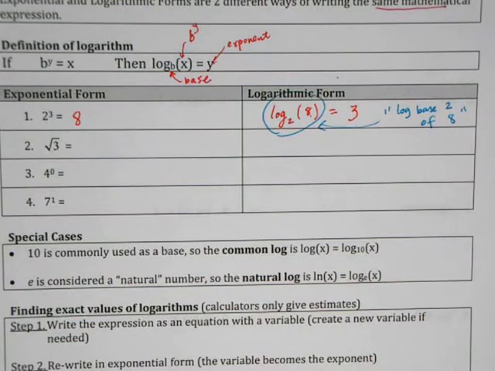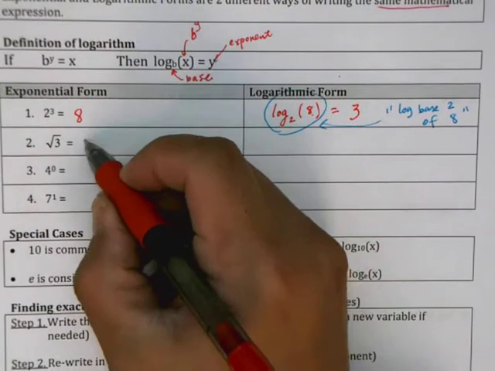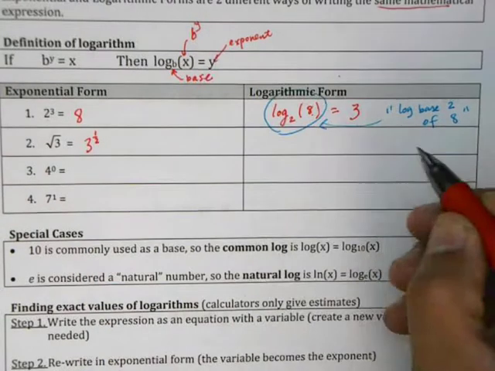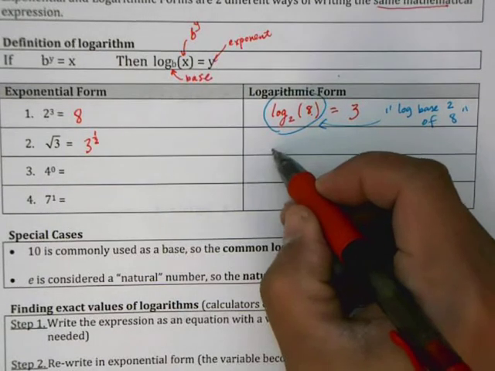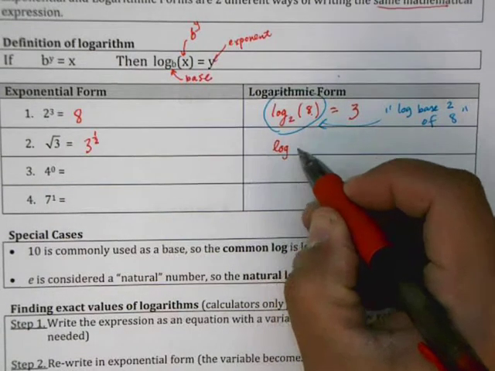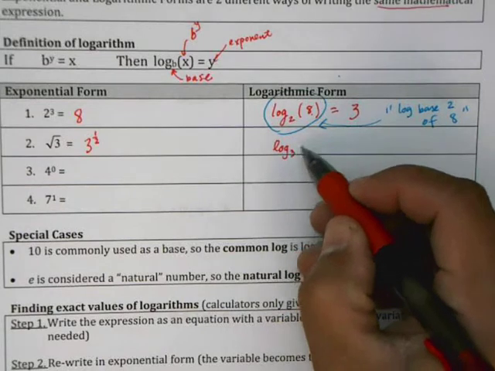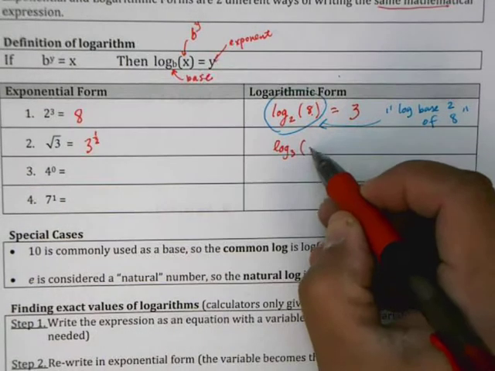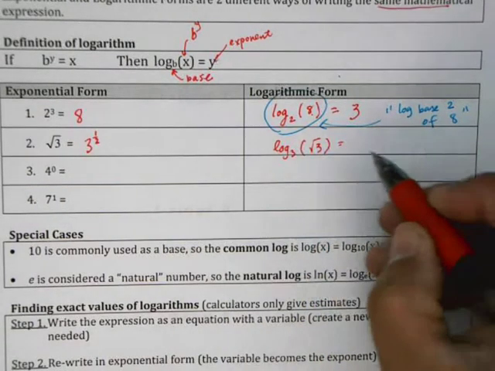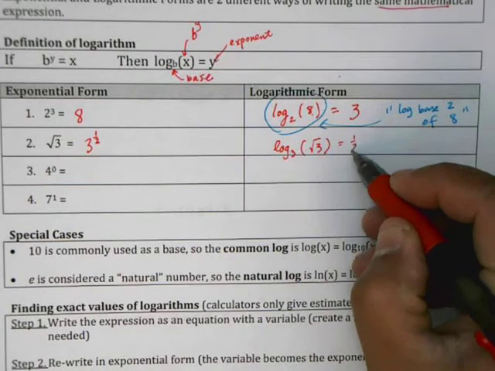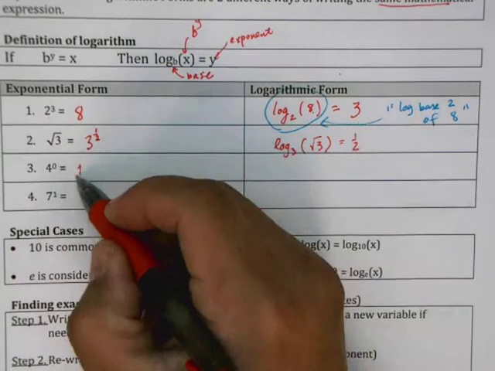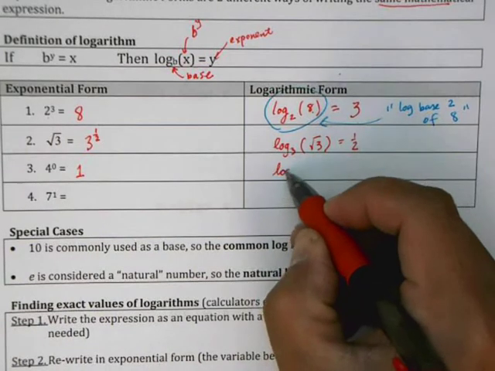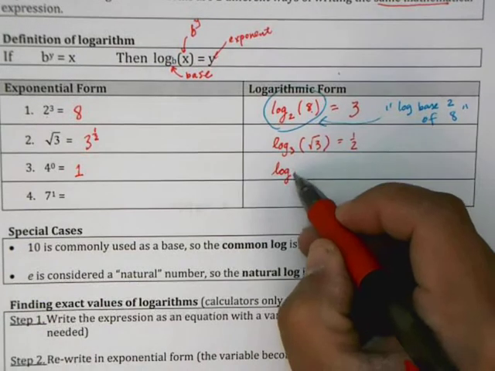So let's try a couple more. The square root of 3 is really 3 to the 1/2. And so what we can do here is write this in logarithms. Log base 3 of the square root of 3 is equal to the exponent, which is 1/2. 4 to the 0 is 1, so we write this as log base 4.